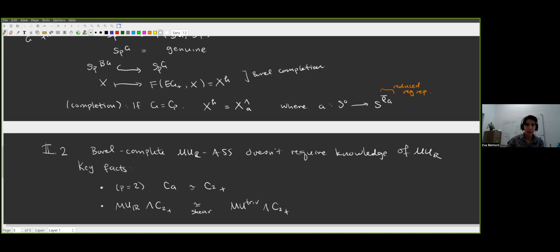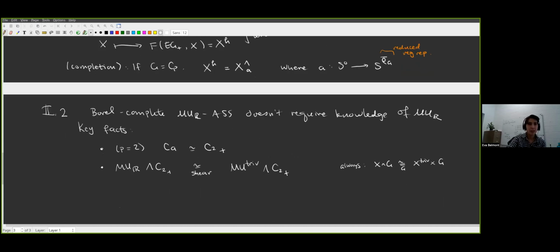We're not quite there; this isn't the completion. This is something much more basic than the completion of MU_R, but this is the key fact. This is something that you always have, this shear isomorphism, even in a G-set world. So that's basically what we're using.